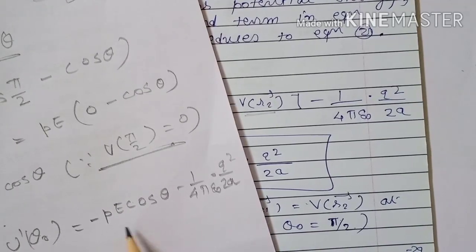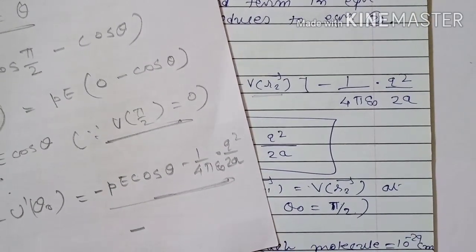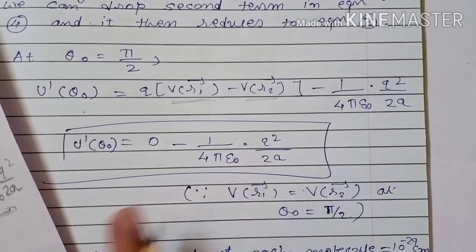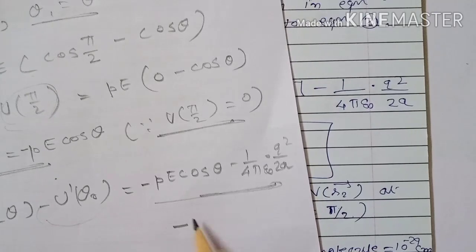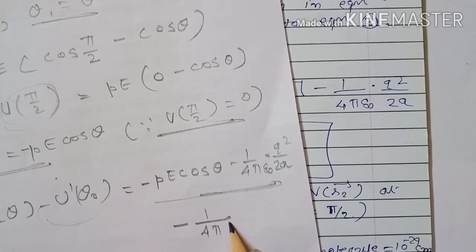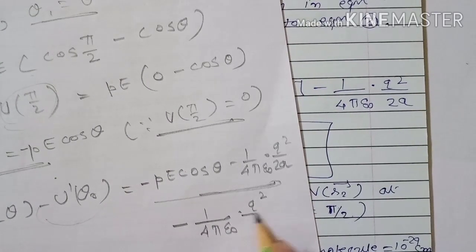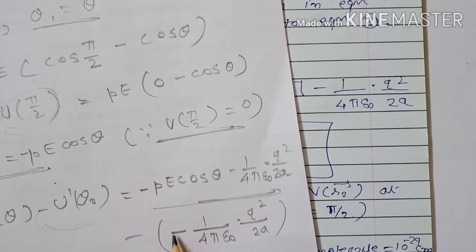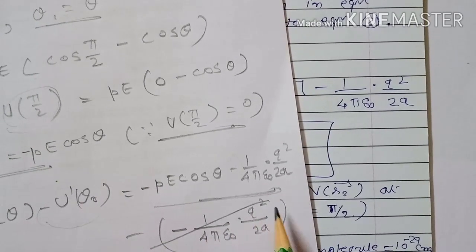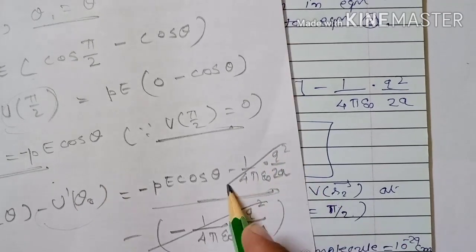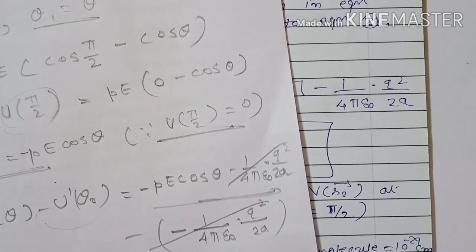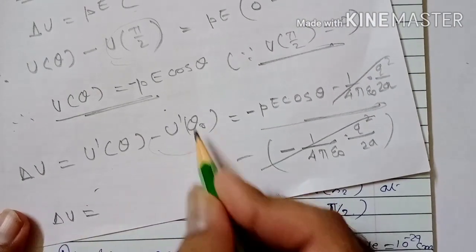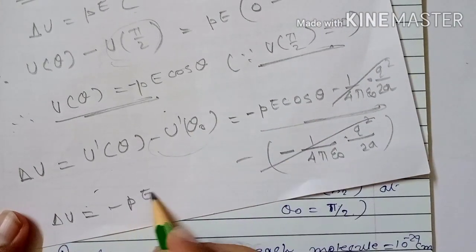This is the value of u dash theta. Minus, now the value of u dash theta naught, that is minus 1 upon 4 pi epsilon naught into q square upon 2a, but minus minus, that is plus. So plus 1 upon 4 pi epsilon naught into q square upon 2a minus 1 upon 4 pi epsilon naught into q square upon 2a will get cancelled. So here also change in potential energy delta u, we are getting minus pE cos theta.